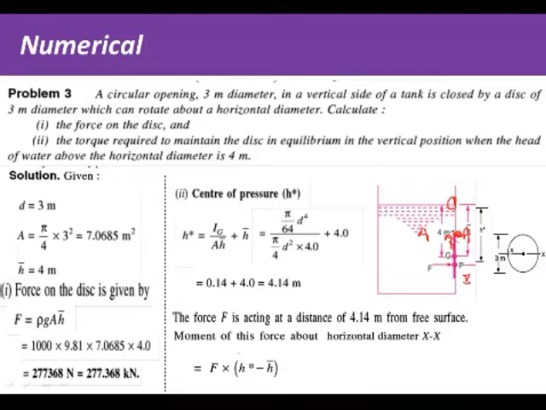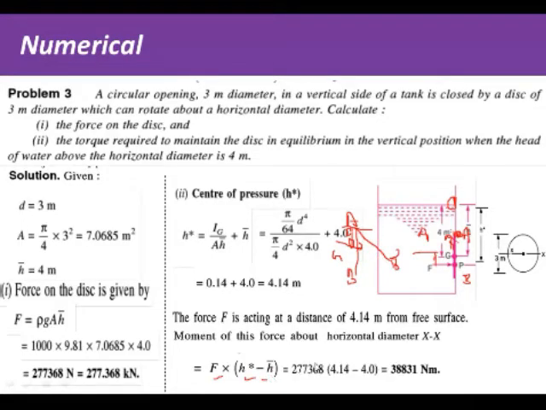Because A is the pivot. Because of the pivot, your gate will open like this: this is BA, and after opening it is B dash. So the moment of the force acting will be F into this distance AG. This AG is nothing but 4.14 minus 4, so h star minus h bar.